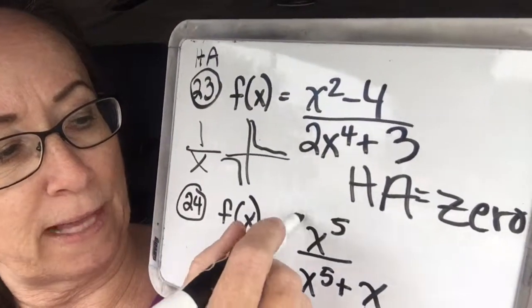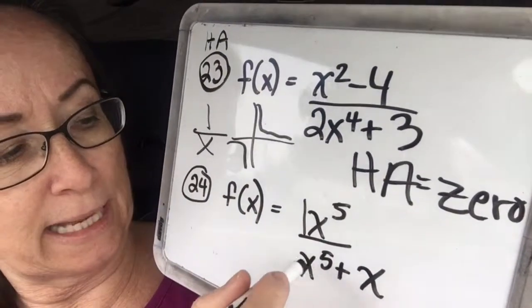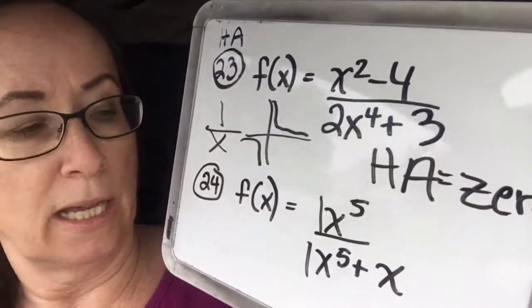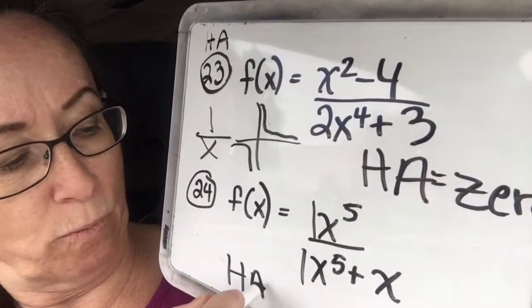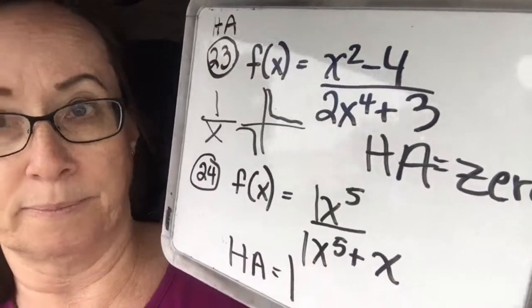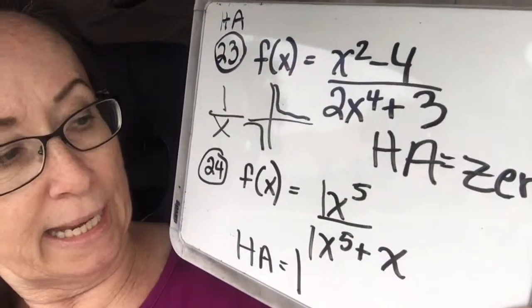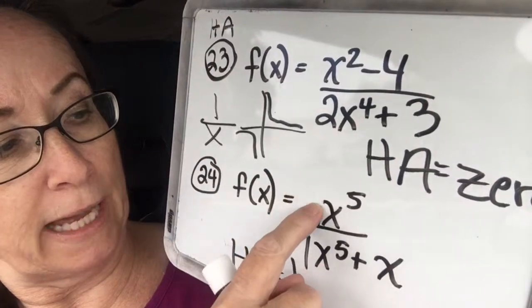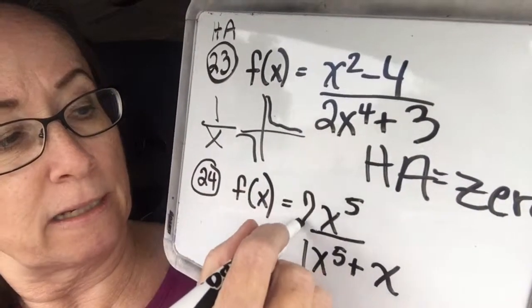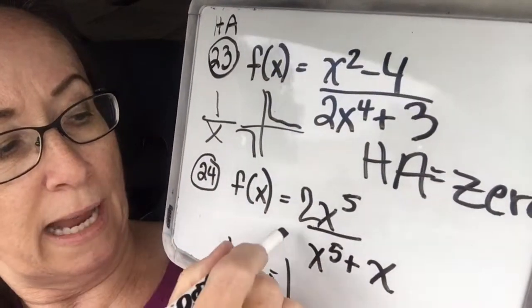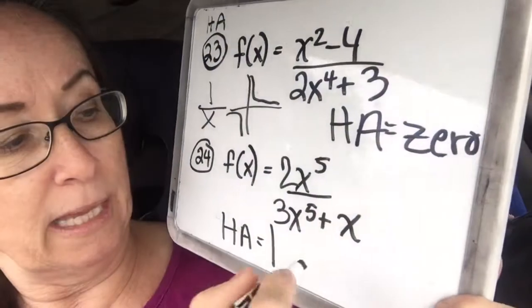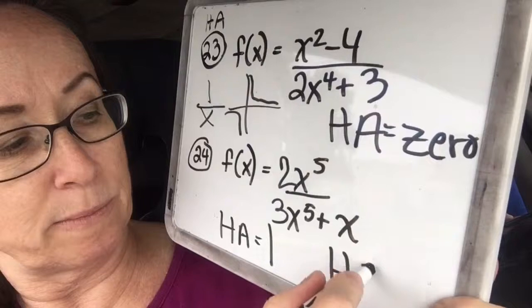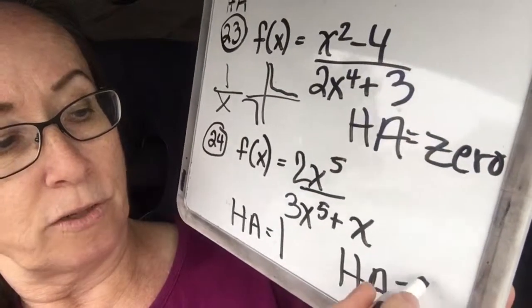This x to the 5th has a 1 in front, and this x to the 5th has a 1 in front. So the horizontal asymptote is 1 over 1, or just 1. Just for clarification, if this lead coefficient was a 2 and the one down there was a 3, then we would get a horizontal asymptote of 2/3.